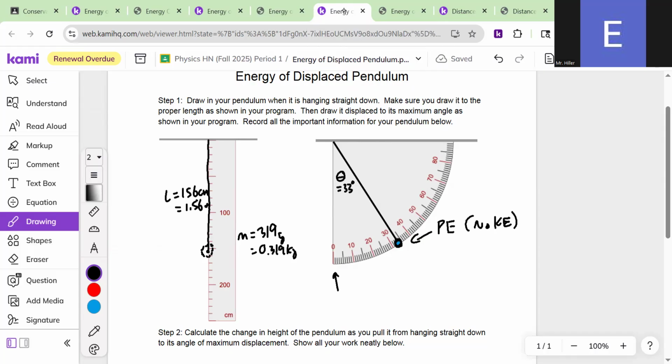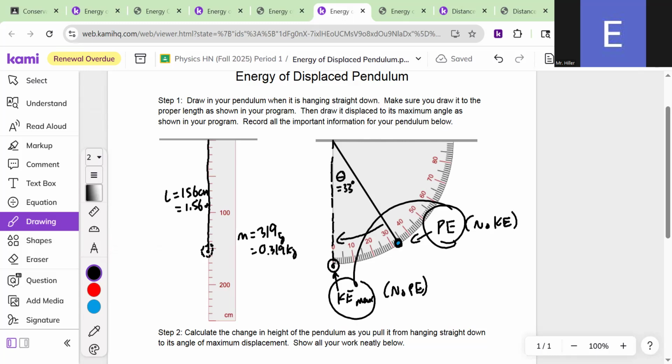At the lowest point, when this thing swings through its lowest point right here, then you're going to have maximum kinetic energy and no potential energy because you can't get any lower than the lowest point of a pendulum swing. Okay, so basically all of this is going to transform into this. Now in order to find potential energy, you know that potential energy is equal to mgh, the height.